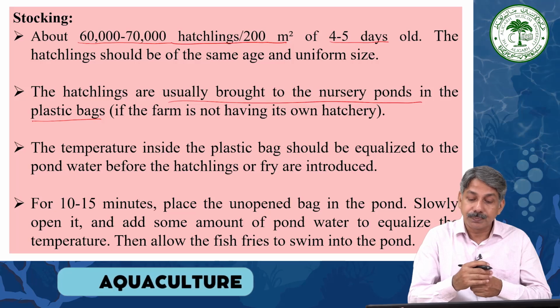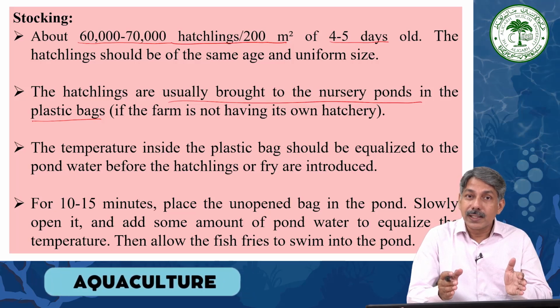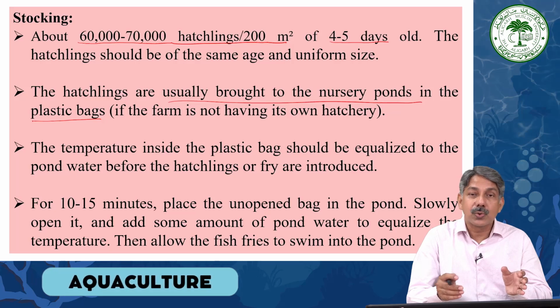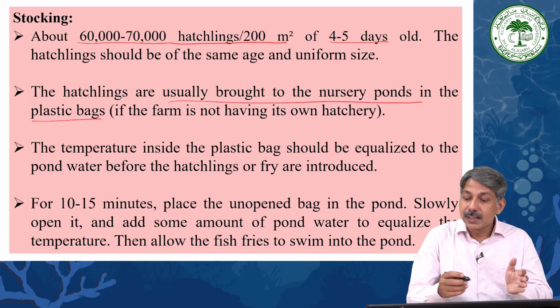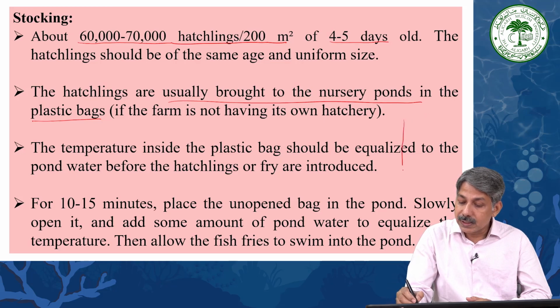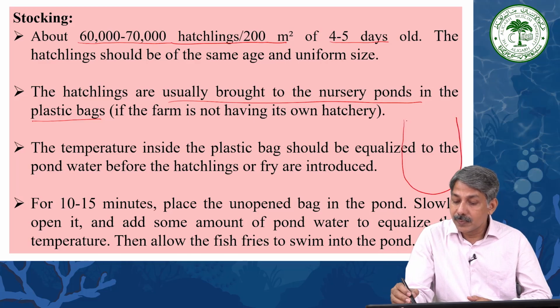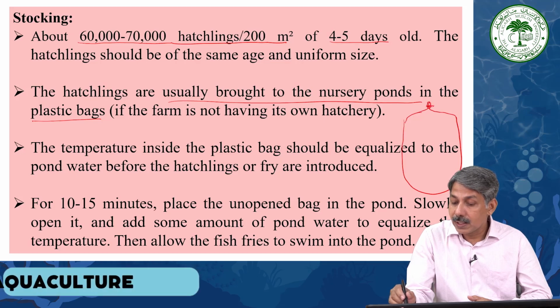Then these newly hatched fry are sold in plastic bags. I can show you what these plastic bags look like. Suppose this kind of plastic bag is there, and after keeping the fish in the pond, they are tied like this.